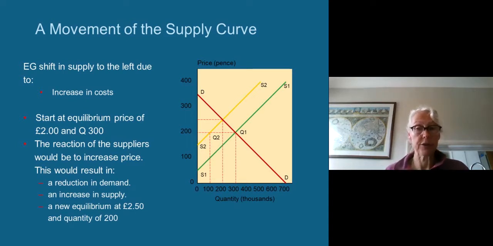The supplier increases the price to try to accommodate that, but you see that drop off in demand. So as we go from Q1 over to here, Q2, again you're seeing only 100 tickets sold. So again there's likely to be an adjustment here, and the supplier will increase their prices, and you'll end up with some kind of new equilibrium. So at a price of £2.50 or 250 pence, you'll sell about 200.